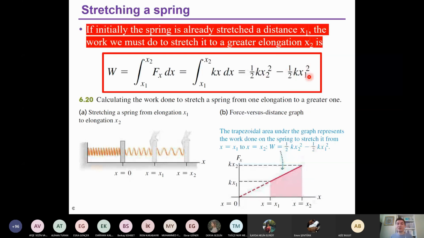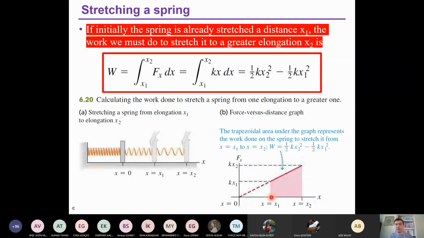So if the initial position is 0, then you will put 0 here, and you will get this result. So you will have the same result as in the previous transparency. But if the initial position of the spring is different from 0, then you will have this expression. So here we have the graph of this type of condition. This is the position of the spring, this is the applied force, and this is the equilibrium condition for the spring, but this is the initial position for the spring, x1.